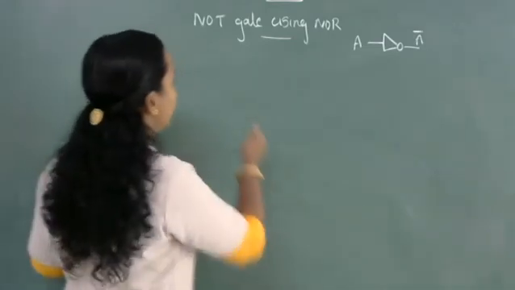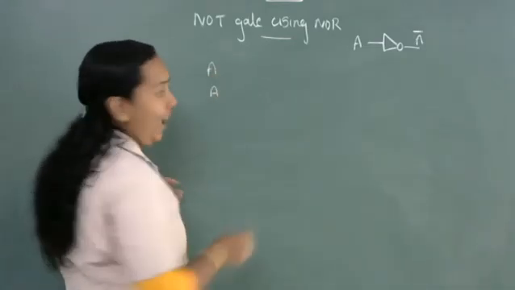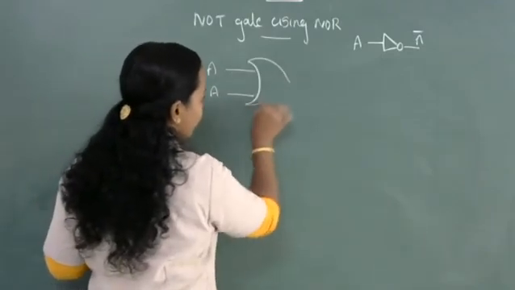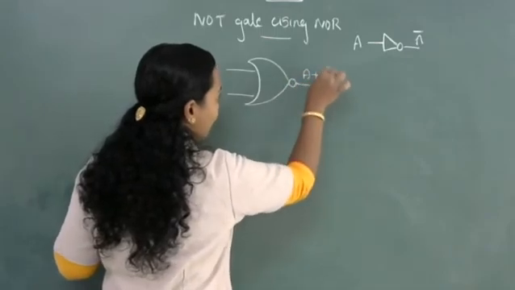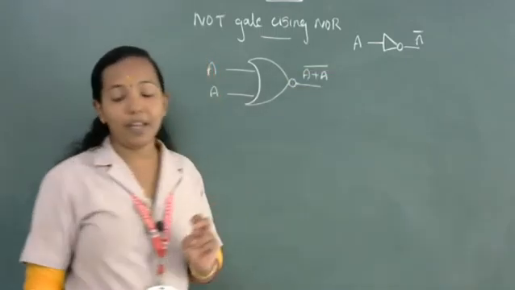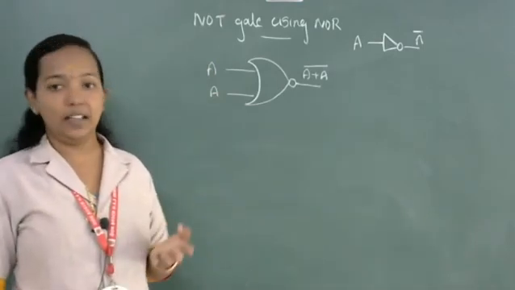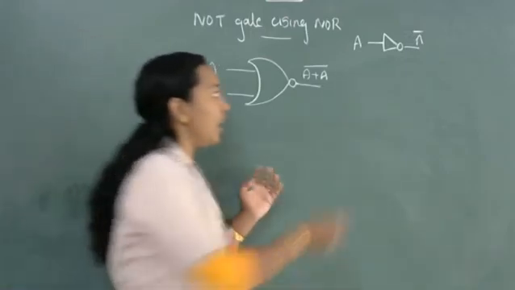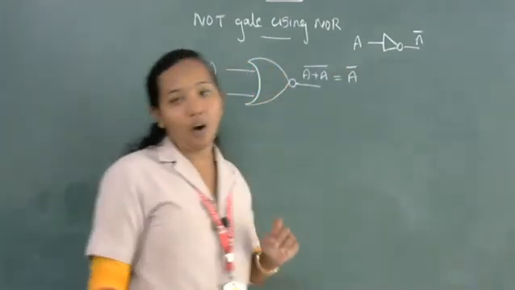So how are we getting NOT gate? Two inputs I am using, A and A. After NOR gate, what will be the answer? (A plus A) all complement. You know, A plus A is equal to A itself. So we can write (A plus A) all complement is equal to A complement.